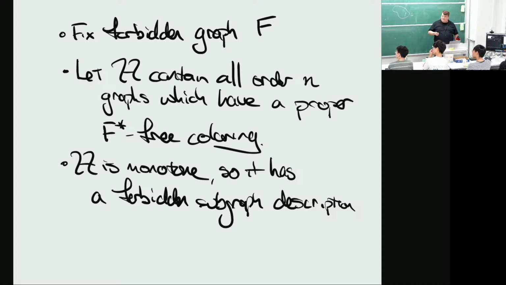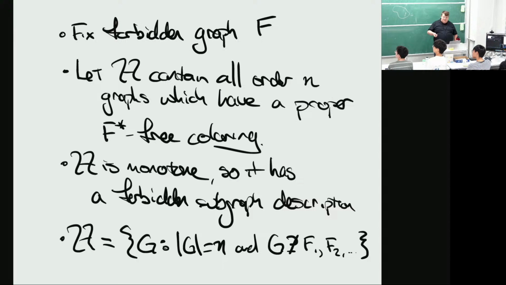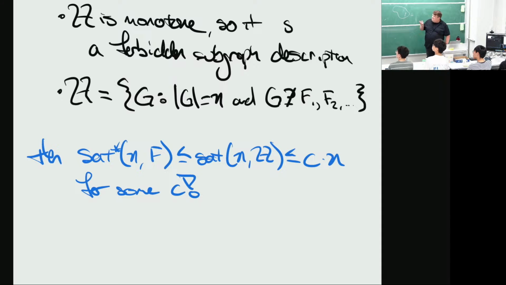And so if I take a graph which is saturated relative to that entire set of graphs which have proper F-star free colorings, I will get a graph which is rainbow saturated. And lucky us, the Kászonyi-Tuza theorem lets us find the saturation number for whole families like this all at once and get a linear bound.